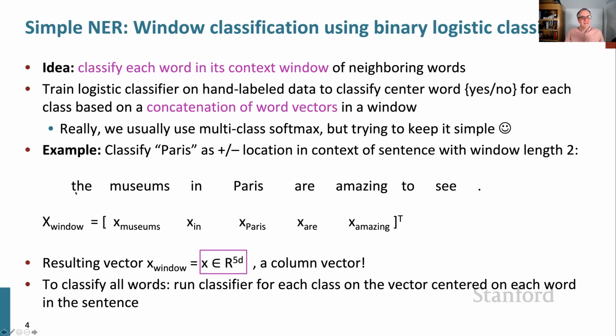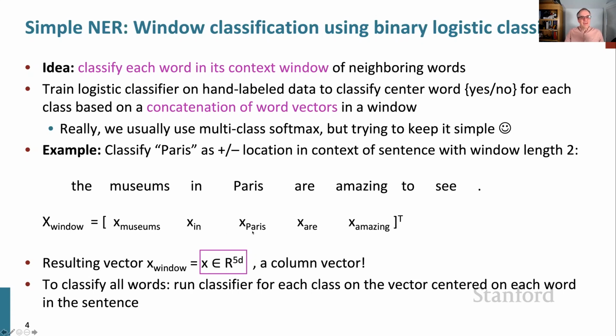So for a sentence like the museums in Paris are amazing to see, for each word, say we're doing the word Paris, we're going to form a window around it, say a plus or minus 2 word window. And so for those 5 words, we're going to get word vectors for them from the kind of word2vec or GloVe word vectors we've learned, and we're going to make a long vector out of the concatenation of those 5 word vectors, so the word of interest is in the middle.